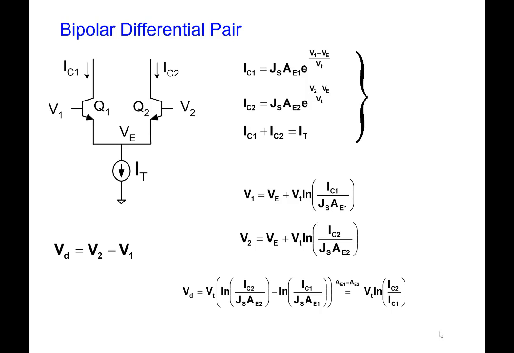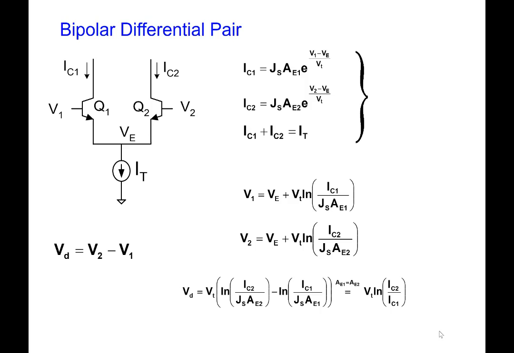The difference of the logs is the log of the ratios. So the JS cancels from those equations. And if we assume that the differential pair has matched devices Q1 and Q2, the emitter area of Q1 and the emitter area of Q2 cancels, and we have an expression that says the differential voltage is VT natural log of IC2 over IC1.